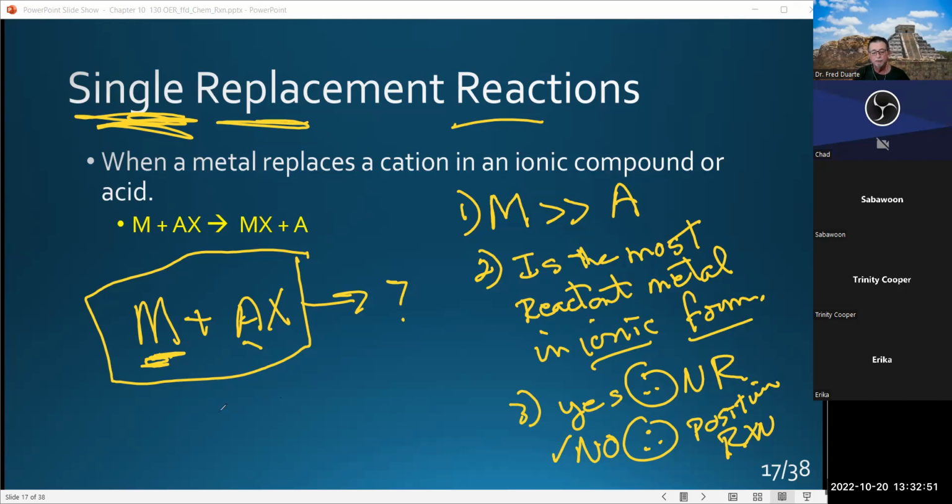Now, you first have to convert the metal into ionic form, because you could have a +1, no different than we've been doing before, or +2 or +3. So A is going to get converted to the elemental form. And then you convert the M into ionic form, which is going to be positive X, whatever that charge is.